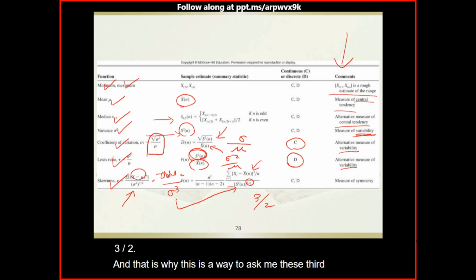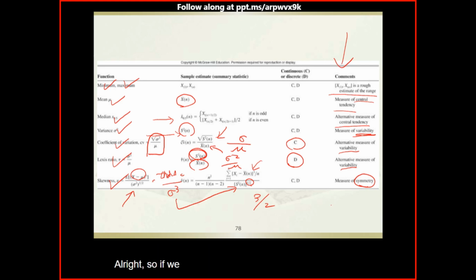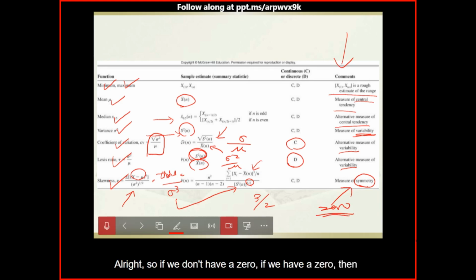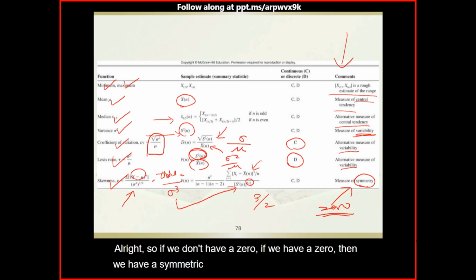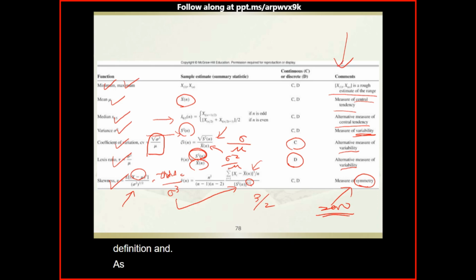And for students, we want to use it to measure symmetry. If we have a 0, then we have a symmetric distribution. If we don't have a 0, then we should have an asymmetric distribution. So this is the summary statistic, and also we have the definition. As for the purpose, you can check the comments here.